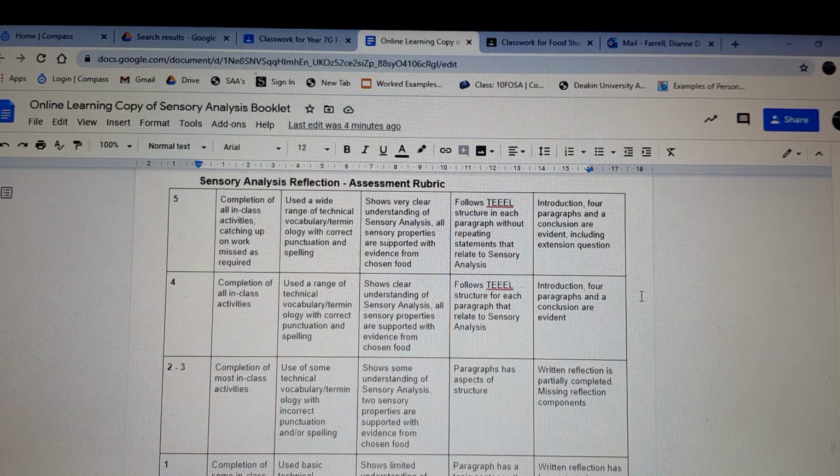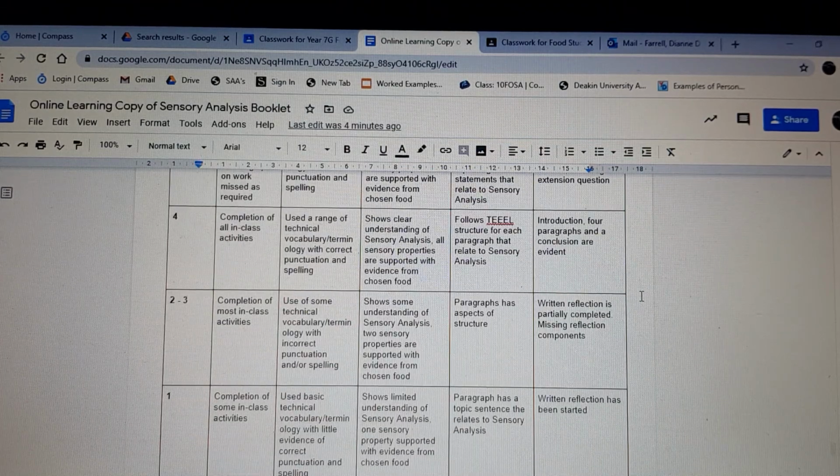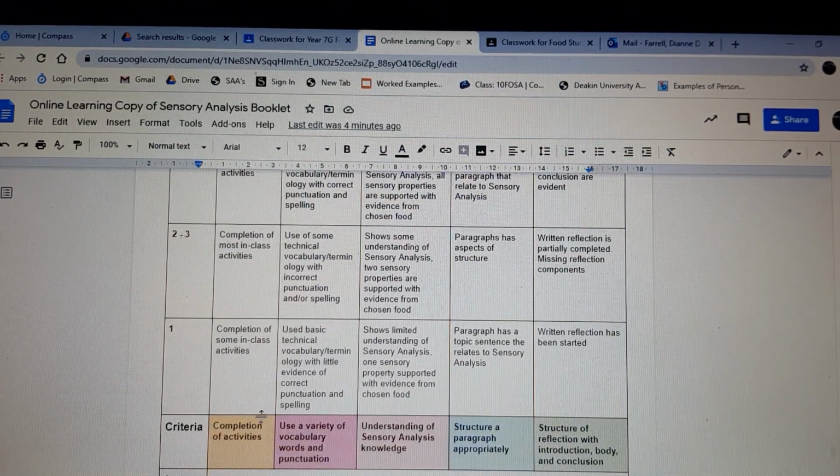And as you can see, you can get 5 marks is the top, and there are 5 different areas for criteria: completion of all activities, use of variety of vocabulary, words and punctuation, understanding of sensory analysis knowledge, the structure, a paragraph appropriately, okay, and the structure of the reflection with an introduction, body and a conclusion.